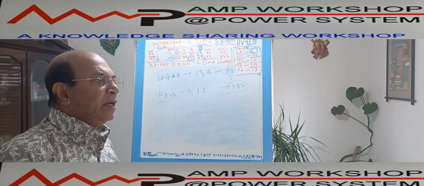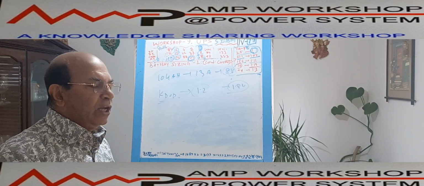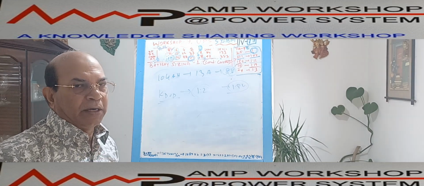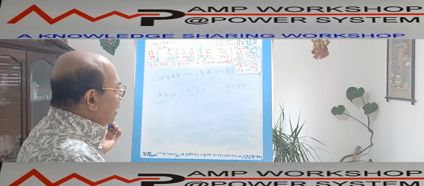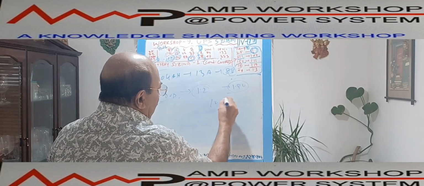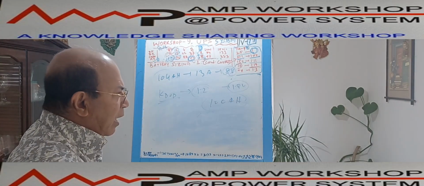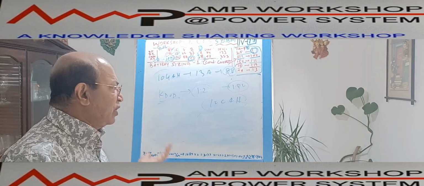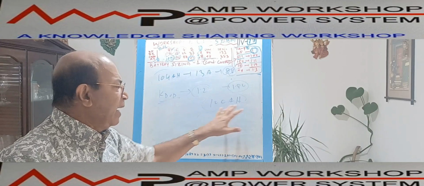What is that? When you put in a new battery, every 6 months we do the capacity test of the battery. Suppose I have a 100 ampere hour battery, I need to know how that capacity is being maintained. I am regularly charging, discharging and using the battery. So every 6 months we do the capacity test.